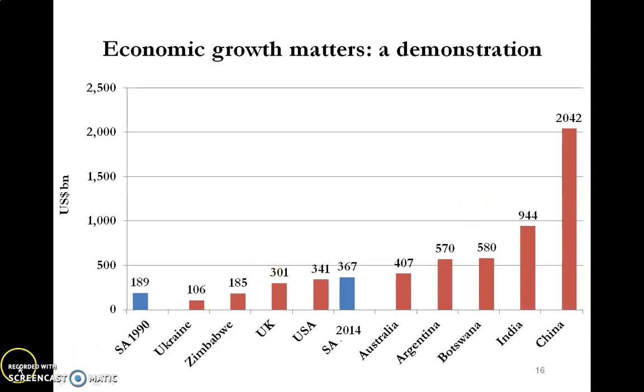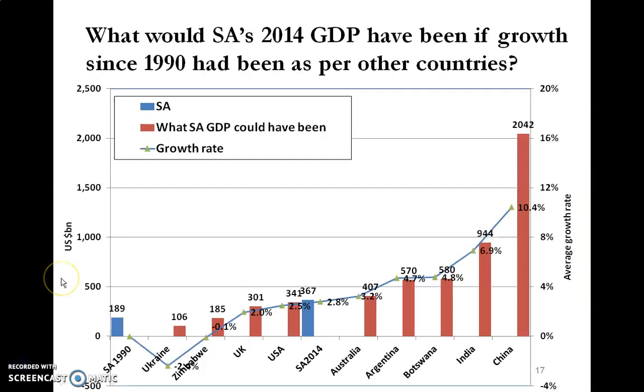It's important if we want to have economic development as well, even though the emphasis is on it being sustained. So this graph shows us what South Africa's 2014 GDP would have been if growth since 1990 had been as per other countries. So if South Africa was growing at the rate other countries were growing at, what would their GDP have been like?